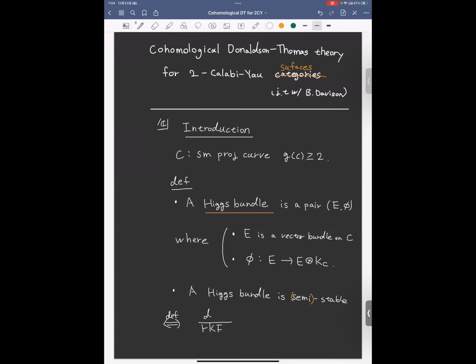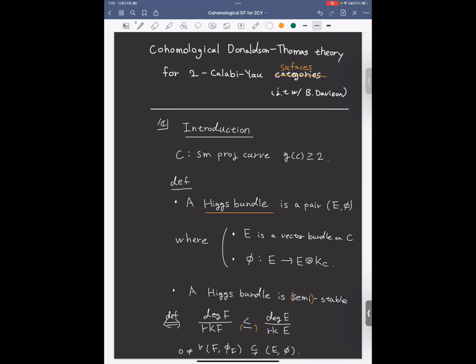The degree of F divided by the rank of F is less than or equal to the degree of E divided by the rank of E, for all non-trivial sub-Higgs bundles (F, phi_F). Here, a sub-Higgs bundle is defined to be a sub-bundle F of E, and phi_F is the restriction of phi.